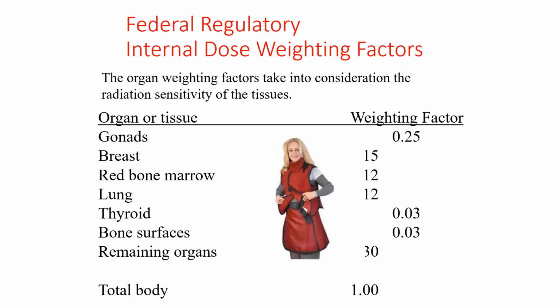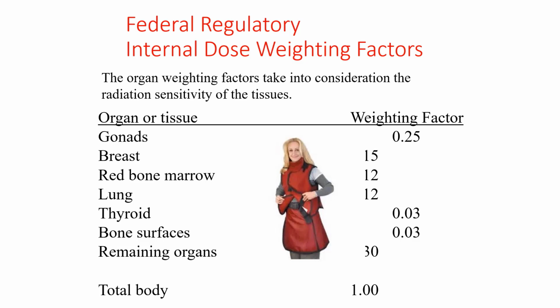So each exposure would be a total exposure of 1, and the relative sensitivity of the radiation would be the weighting factor. So if my total body sensitivity is 1, my weighting factor for the gonads would be 0.25. In other words, that would be the sensitivity.